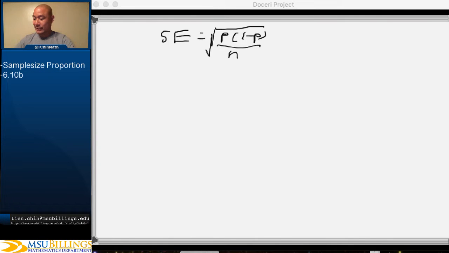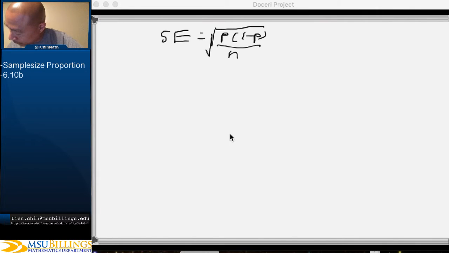Let me just make sure that that's all the way clear. If we have an estimator for the proportion of a population that satisfies some criteria, then the standard error is just that proportion times 1 minus the proportion over the size of the sample.